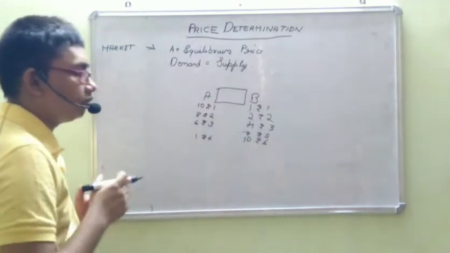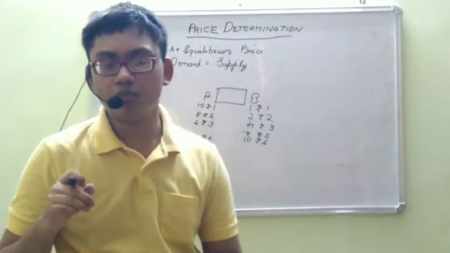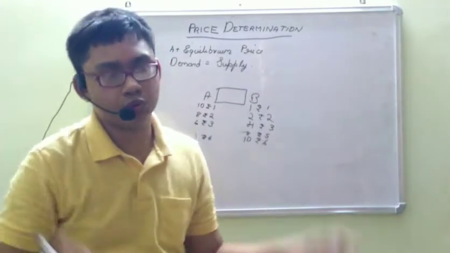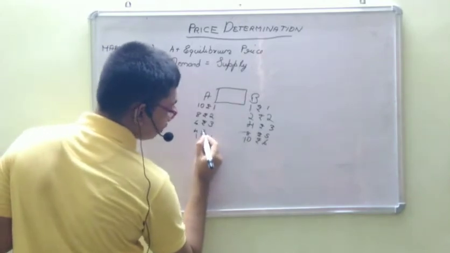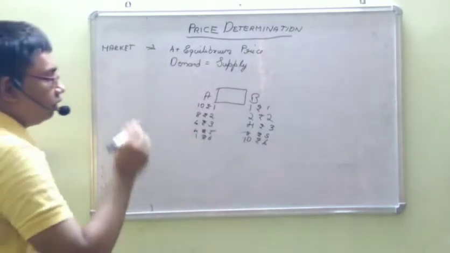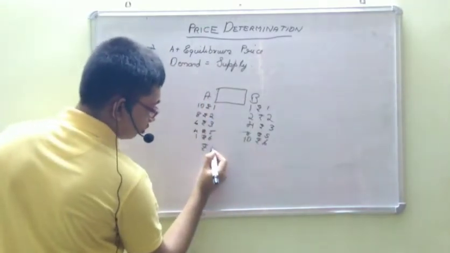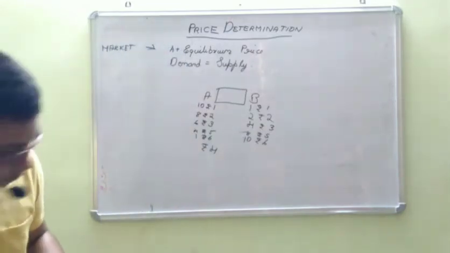A will say, "No bro, you will supply 8 units, but I should be ready to buy now. I will buy 4 units. The rest 4 you do whatever you like." So he will buy 4 units at rupees 5. Now the final point is rupees 4.